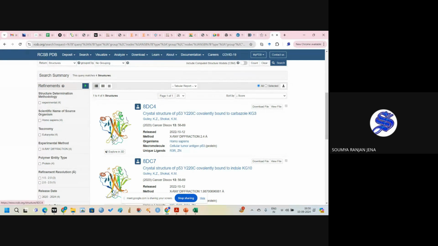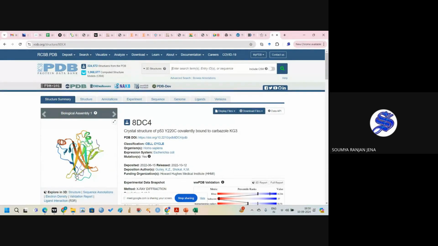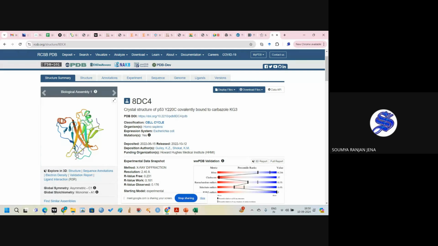Here you can see the three-dimensional structure of this P53 protein. These arrows you have seen in different books are called beta sheets, and these spirals are called alpha helices. These alpha helices are connected with beta pleated sheets by a turn, and these are called the secondary structures of the proteins.